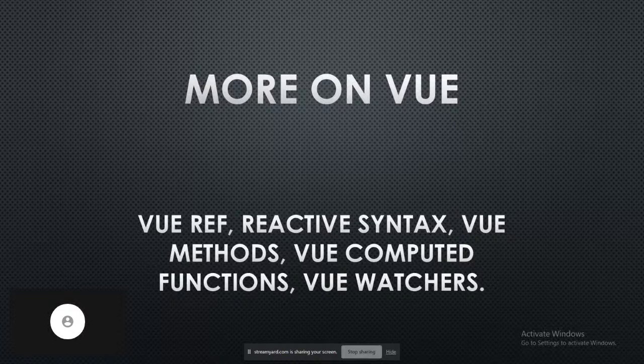We were able to introduce the whole concept of Vue, what it is. It's a framework, it's open source, managed by a team of people who are doing a wonderful job, if you ask me.